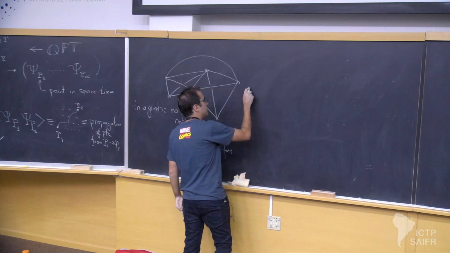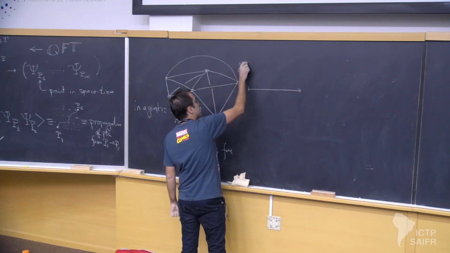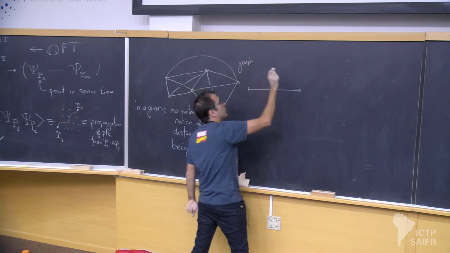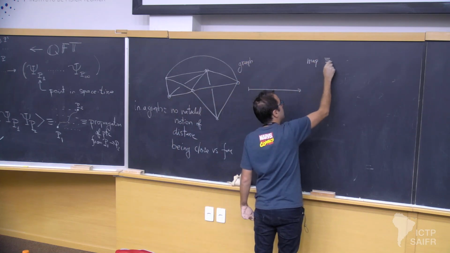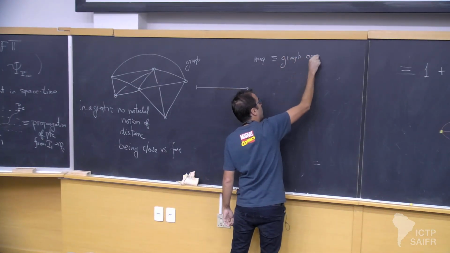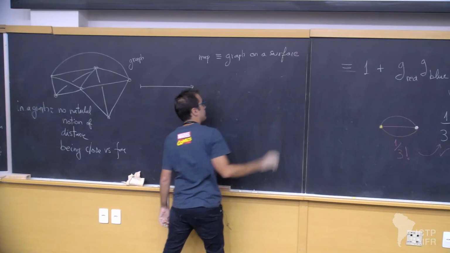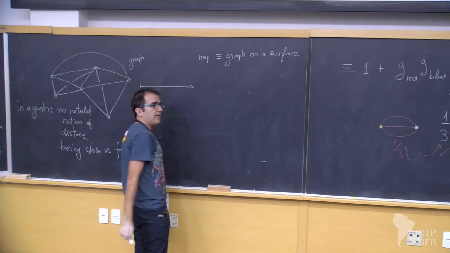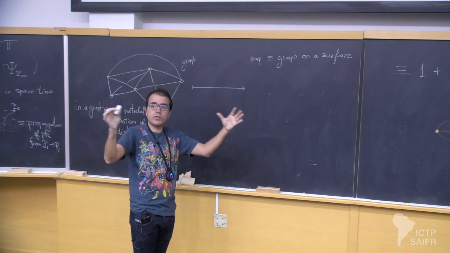now suppose we go from this, which is a graph, to what is called a map. And the map is a graph on a surface. That is, it's a graph that I draw on some surface without lifting the pen.